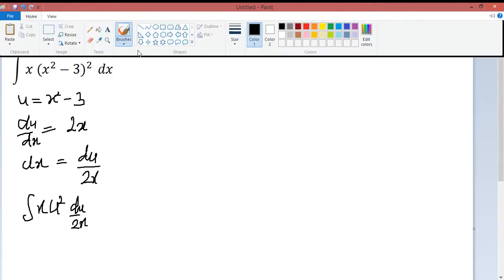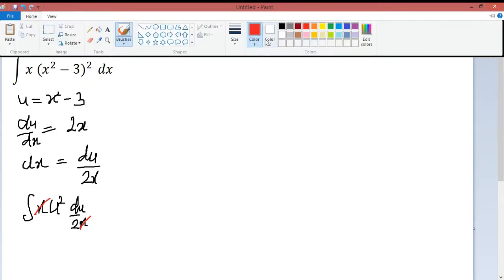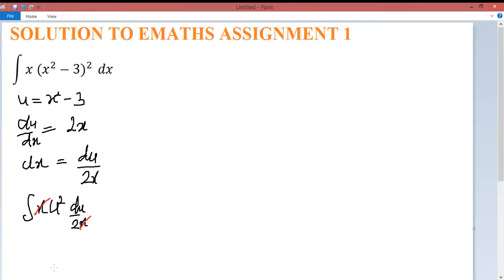By algebraic expression, the x will cancel the x. Then we are left with 1 over 2 u squared du.